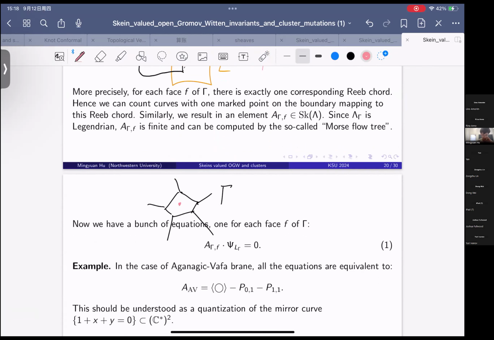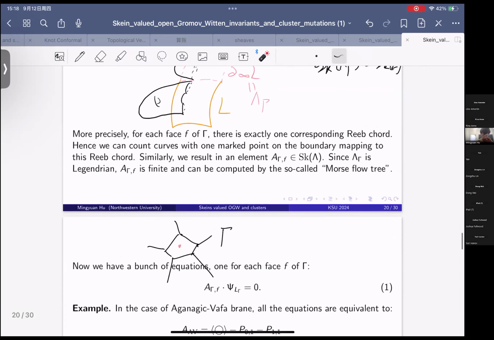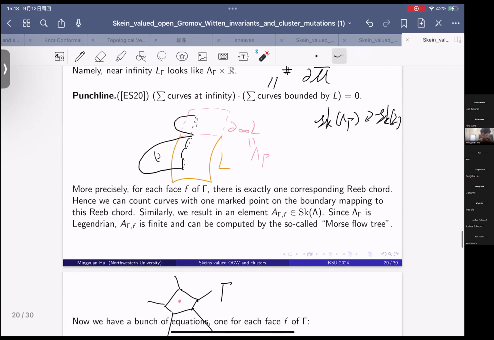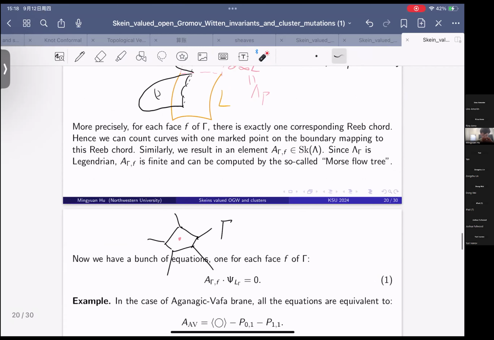So in the end, for each face of this gamma, we can count curves at infinity, and we get a relation here.